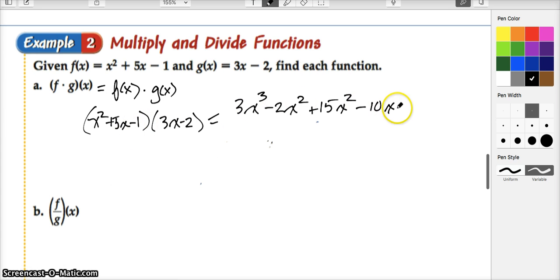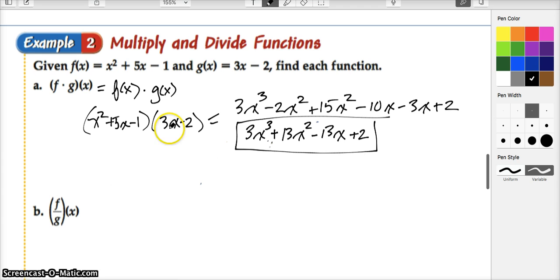Multiply everything by negative 1, I get a negative 3x and a plus 2. I'm going to join some like terms together if I can. 3x cubed is a loner, and I've got a couple of x squareds, which is going to give me a plus 13x squared. These guys come together to give me a minus 13x, and this is going to be left here plus 2. So this is what these two functions multiplied look like.